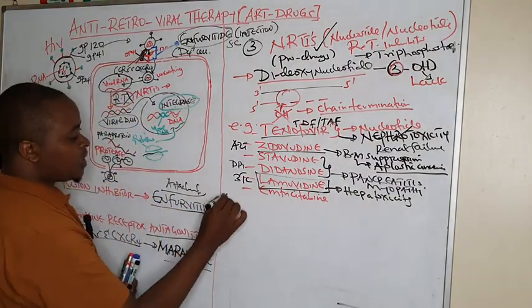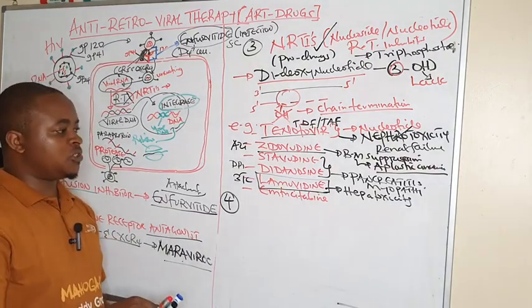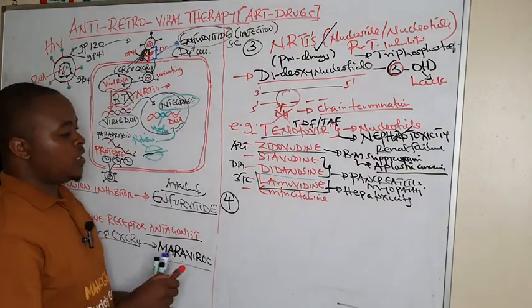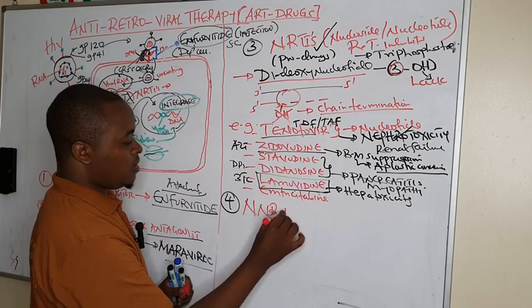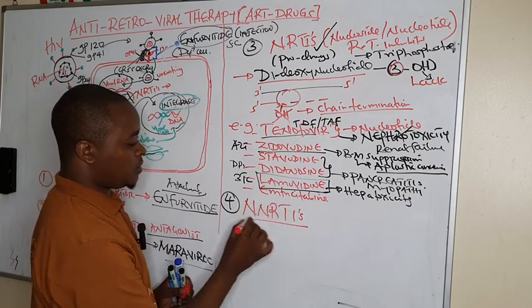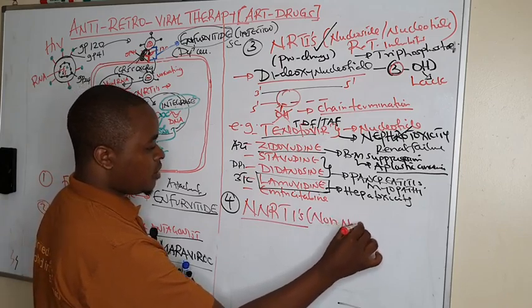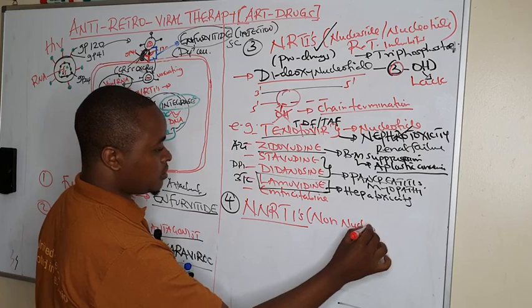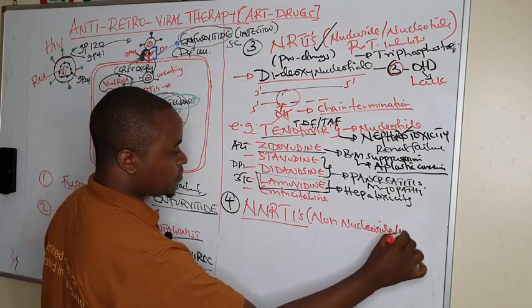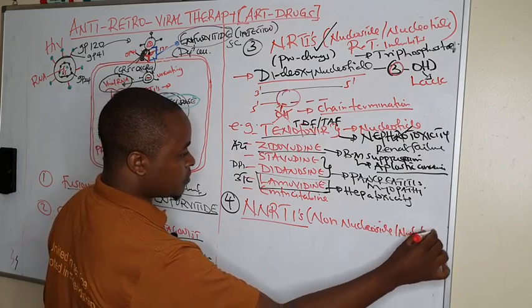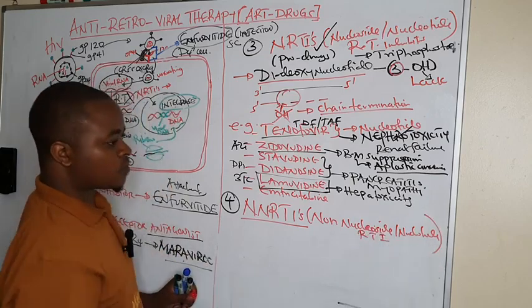So the fourth class we can look at in this session is NNRTIs. Non-nucleoside or nucleotide reverse transcriptase inhibitors.